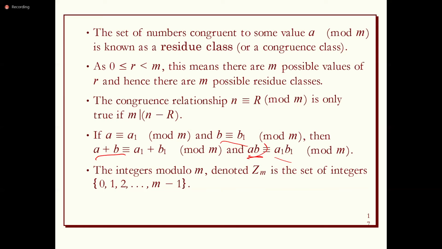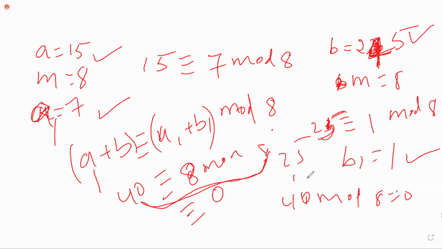And the second one is A into B is congruently equivalent to A1 into B1 mod M. So A into B, in our example, is 25 into 15, what is the value? And A1 into B1 is 7. So 7 mod 8. So they will be congruently equivalent.